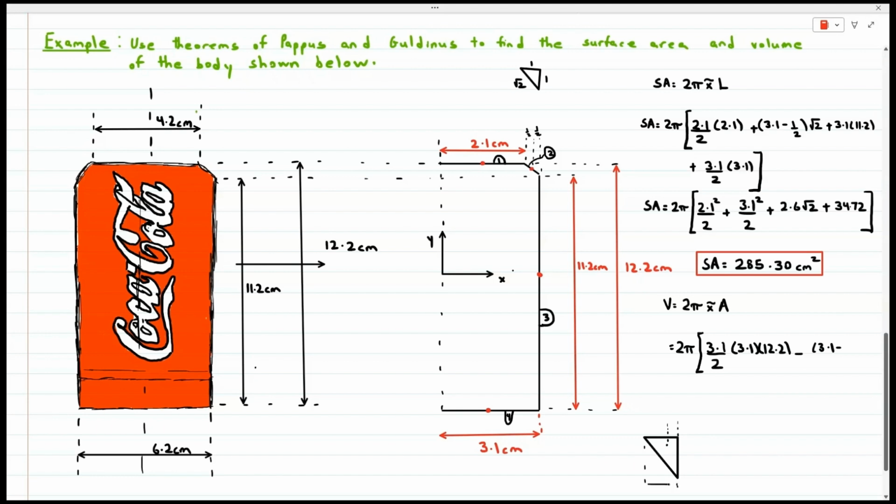So orientation is really important when you're looking at centroids. 3.1 minus 1/3. If we know that distance, all we need to do is calculate the area of the triangle. Its base and height are 1. We have to divide by 2. Base times height over 2 is the area of a triangle. If we perform this computation, what we get is that the volume of this can is equal to around 360 milliliters.